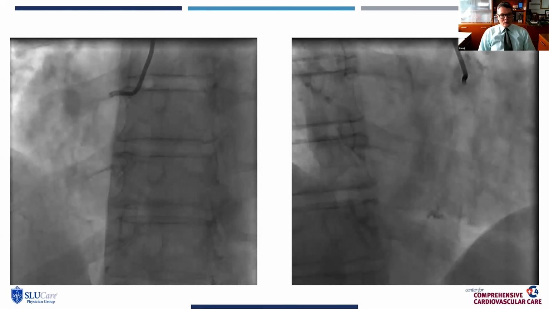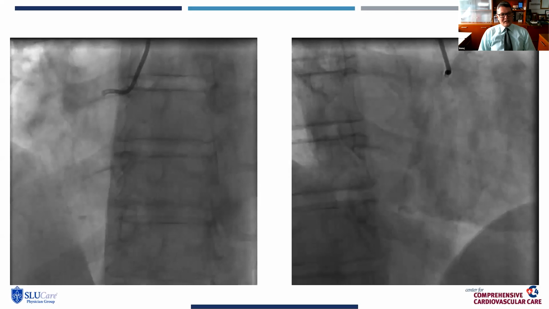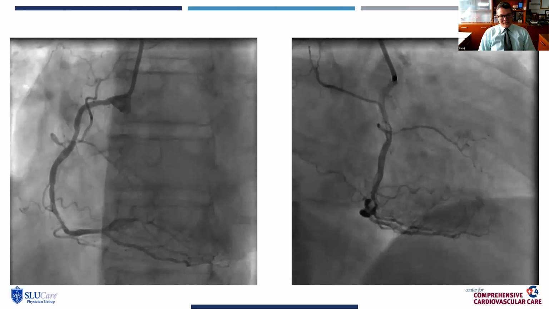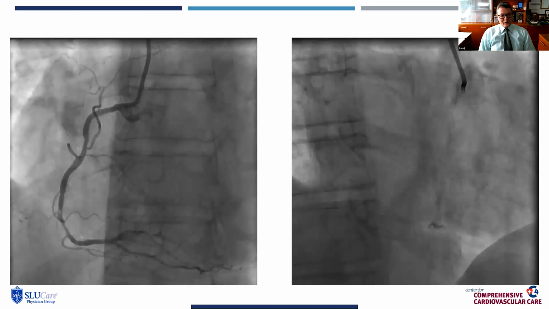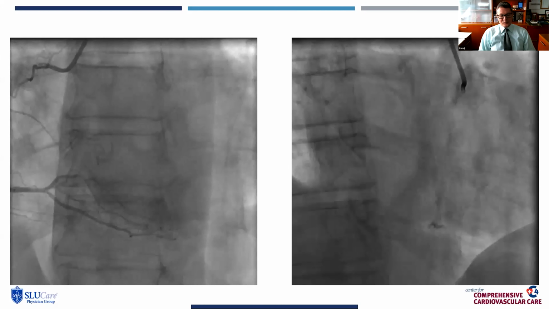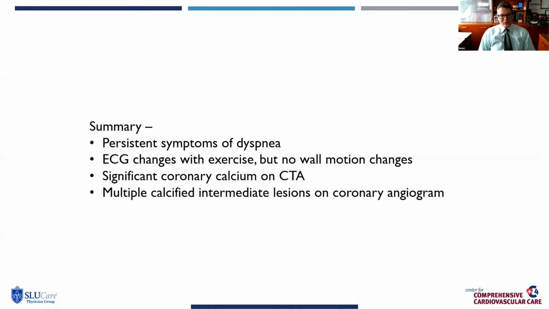When we look over to the right side, she also has no really significant lesions from a high-grade standpoint within the right coronary artery, but again, calcified. And so we're left with progressive symptoms of dyspnea and some ST changes on a Bruce protocol, but calcium and no high-grade lesions.